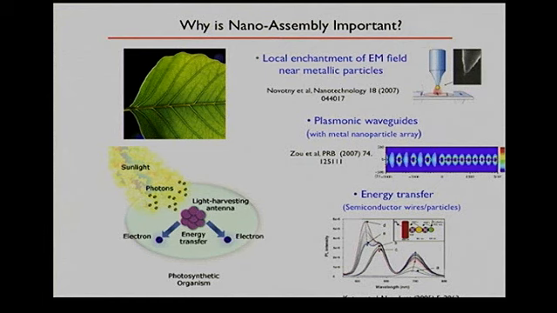All this complex biomachinery really relies on the very precise placement of proteins. Analogously, if you want to create devices or materials from nanoscale components, we need to find a way to place components in a precise manner, which essentially gives us the ability, for example in this context, to have electromagnetic field enhancement near particles, to have propagation of optical waves, or to have energy transfer between different nanoscale elements.